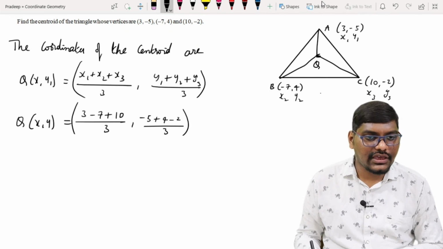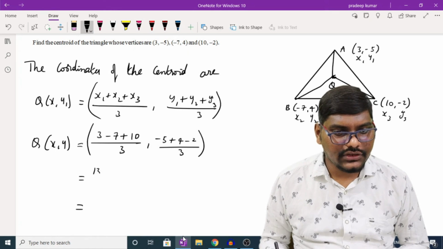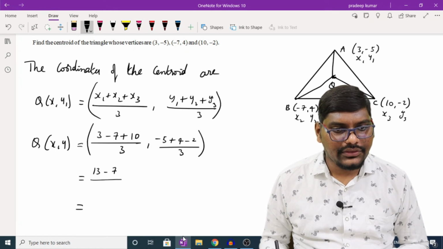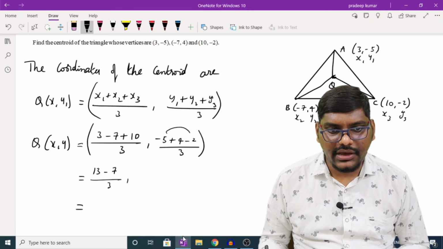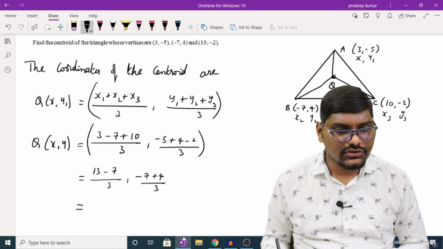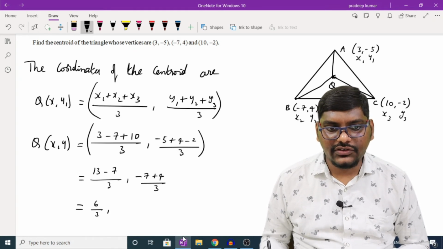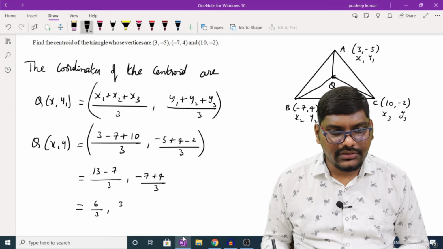Now we can solve this further. 10 plus 3 is 13, so 13 minus 7 by 3. This is minus 5 minus 2 is minus 7 plus 4 by 3. So we get 13 minus 7 is 6 by 3, and minus 7 plus 4 is minus 3, so this is minus 3 by 3.